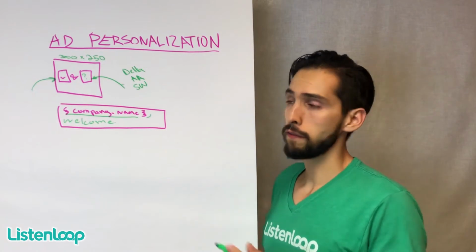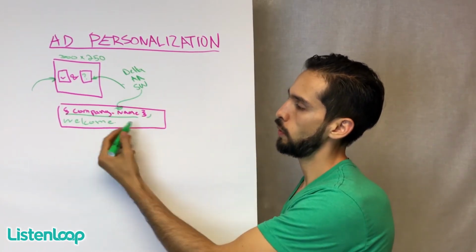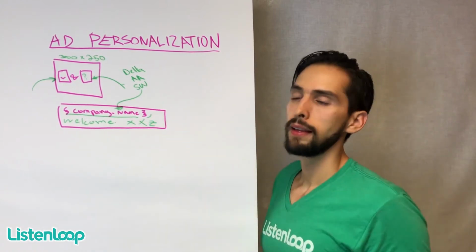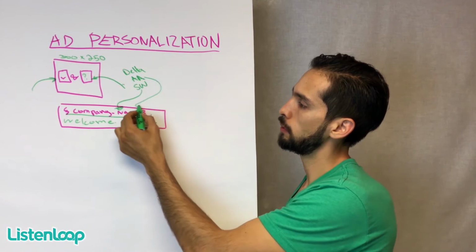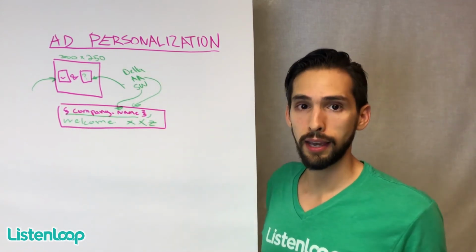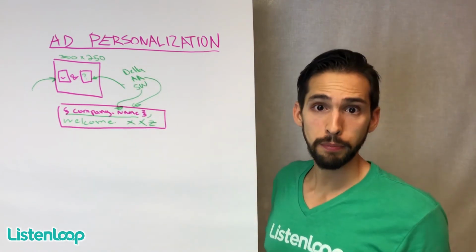For each individual company, we would substitute the token and say Southwest welcome, and then whatever copy you want to have on your website. So for each individual company, we would swap this out and you would create, again, personalization at scale that's tied to the account information. That's pretty cool.